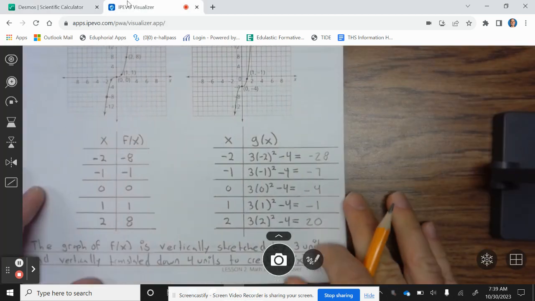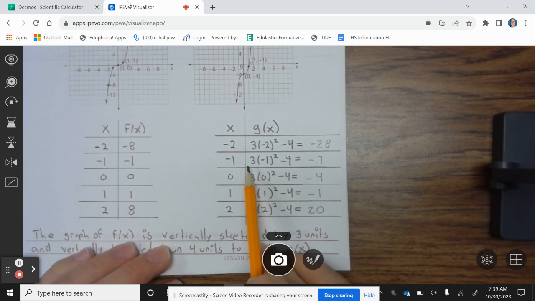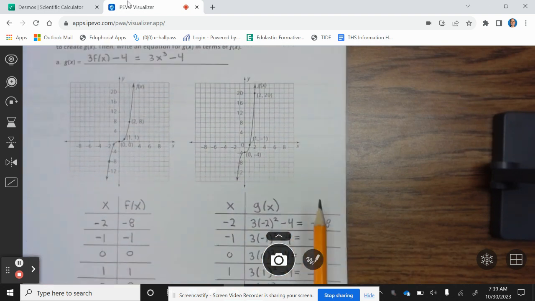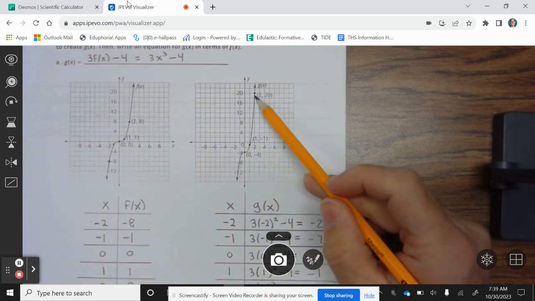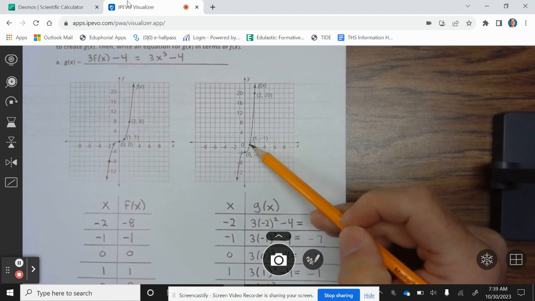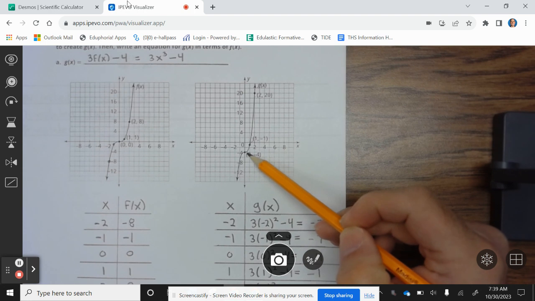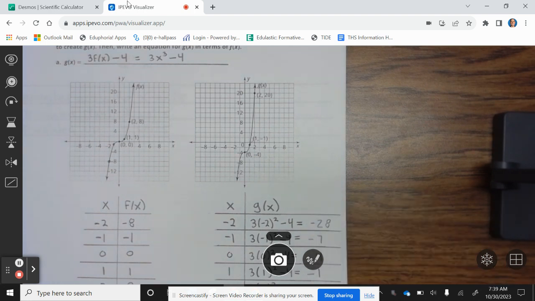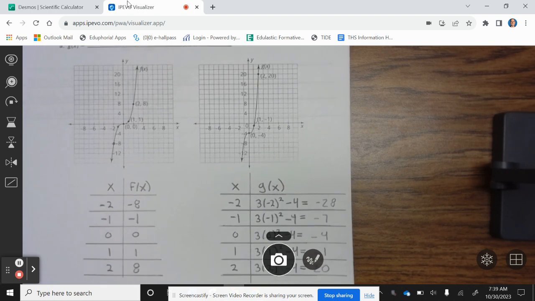Okay, so you can see that these values correspond here. So 20, 1, negative 1, 0, negative 4, and so on. Okay, so go ahead and complete the table.